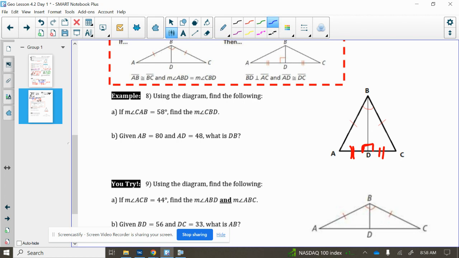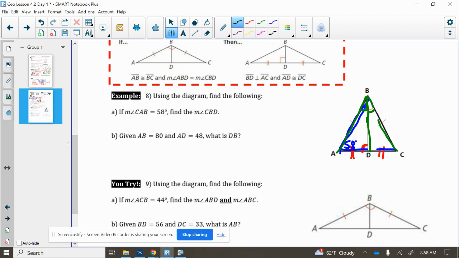Now the next piece in this example says that angle CAB, so this angle right here, is 58 degrees. And we want to find the measure of angle CBD. Well, reminder, angle CBD is going to be the same exact value that angle ABD is, because notice up here again, they were showing the tick marks, they were bisected.